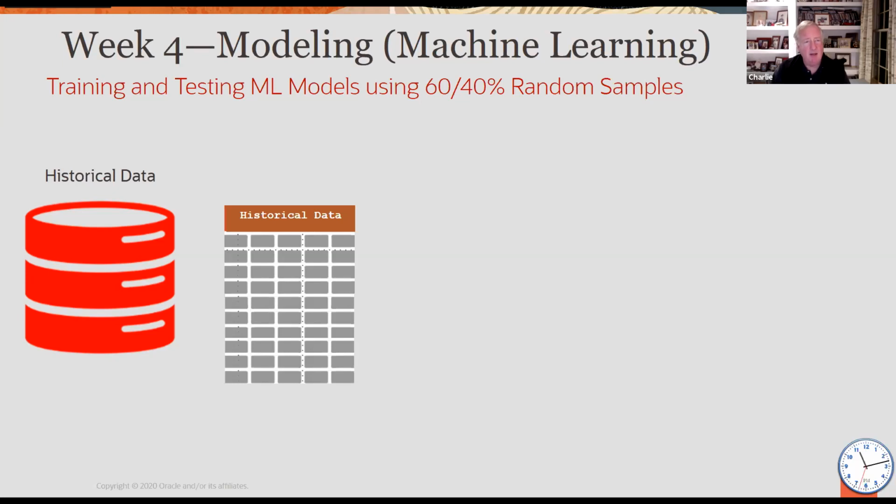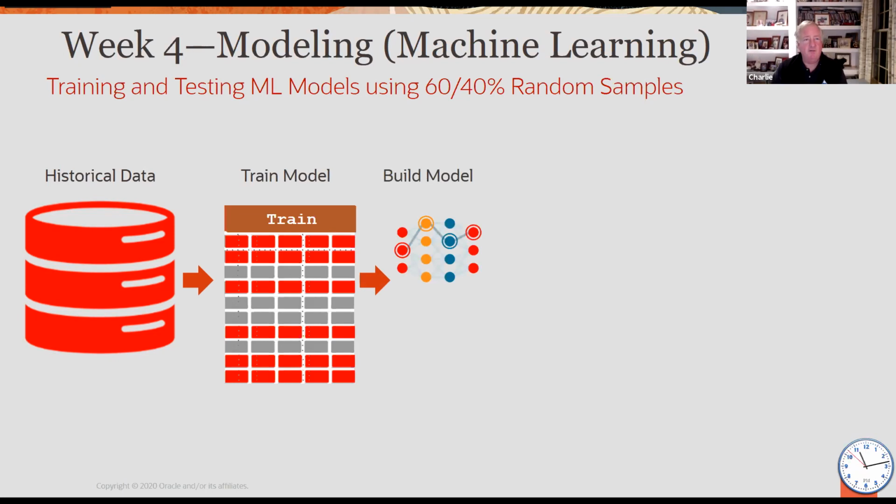But even with that data, we don't mine all of the data. We typically take a randomly selected sample of the data, and we'll typically have a mix. 60% of that data we'll use to build the model, but then we'll have a holdout sample. We'll take the other 40% and set it aside, and we'll use that because it comes from the same distribution of data. We'll build the model on the first set of data, and then the algorithms will build a really good model.